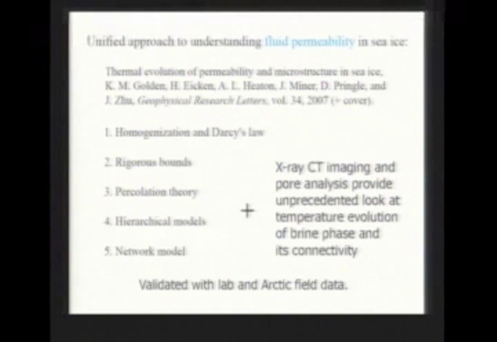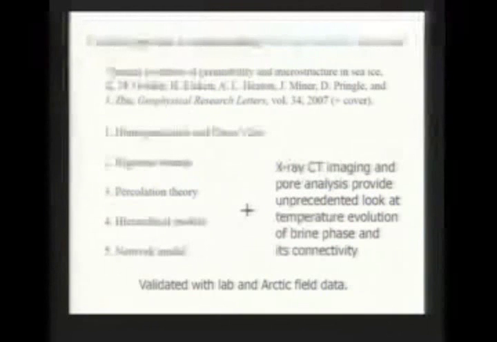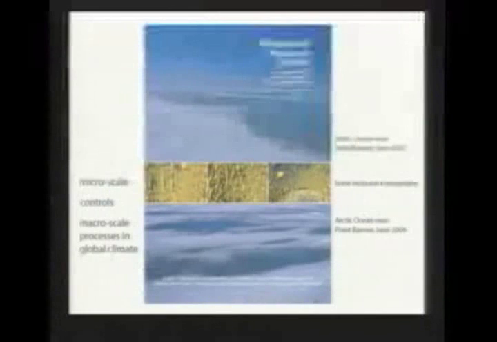But also, one of the main contributions that we made was looking at the brine inclusions. People would take slices and then photograph them and try to reconstruct. But we started doing X-ray CT imaging and then applied pore structure analysis to provide a really unprecedented look at the thermal evolution of the brine phase of these brine inclusions and how their connectivity evolves.